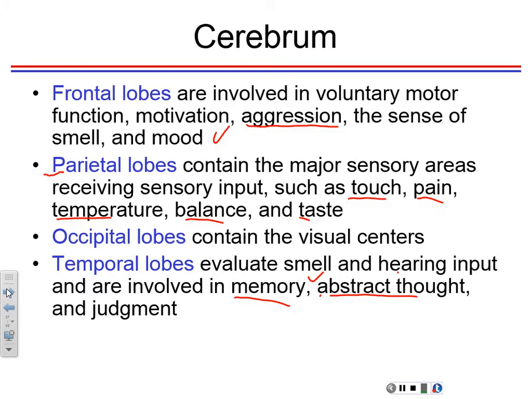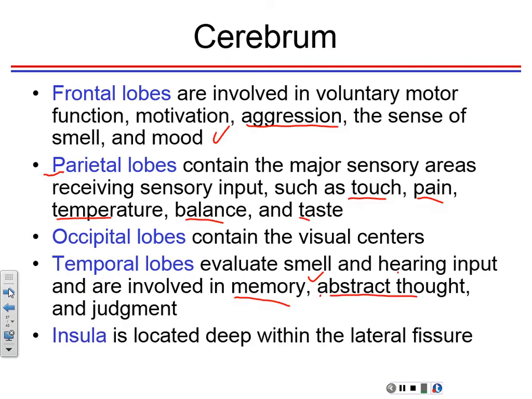This would be somewhere up here, motivation, mood functioning, and things like that. But here, it's some of those fuzzy areas, abstract, something that's not quite constructed. And then judgment a little bit, okay?